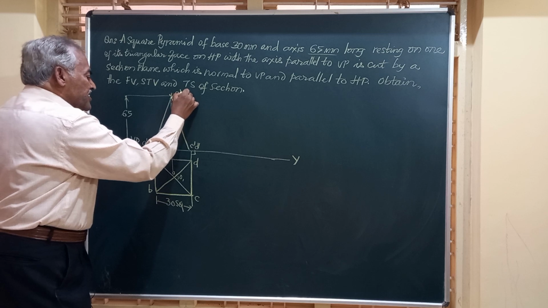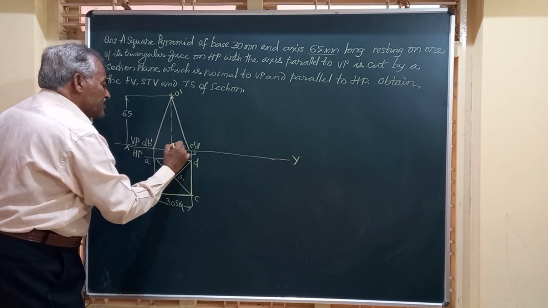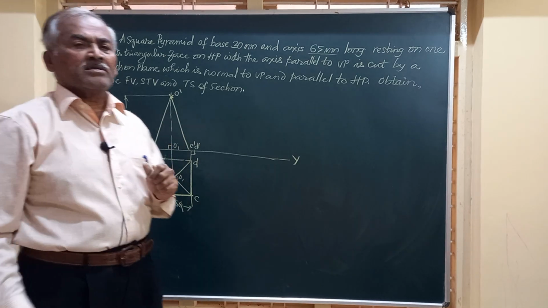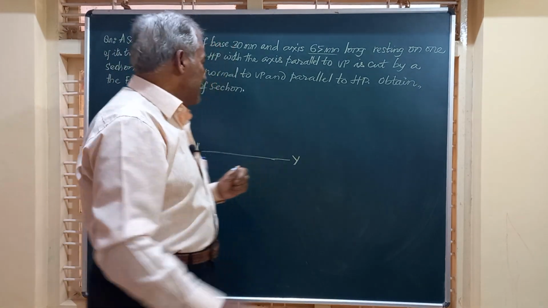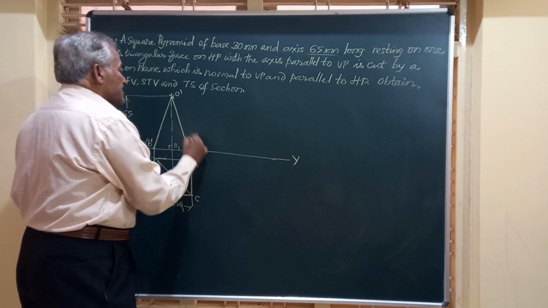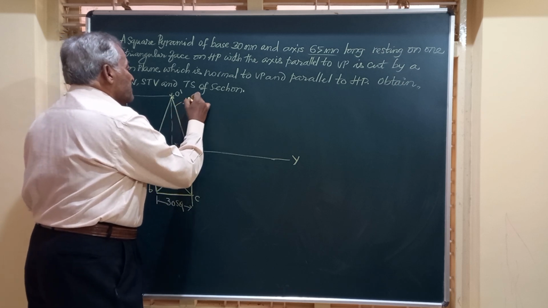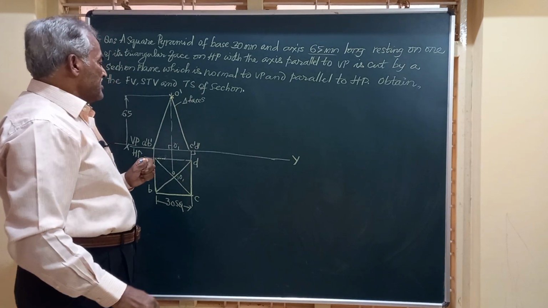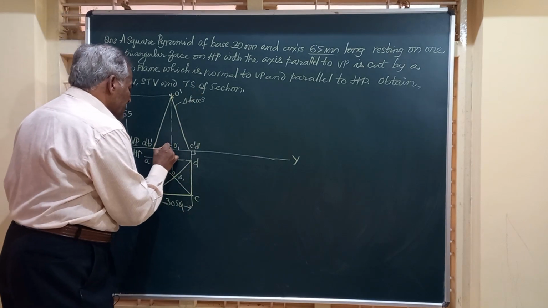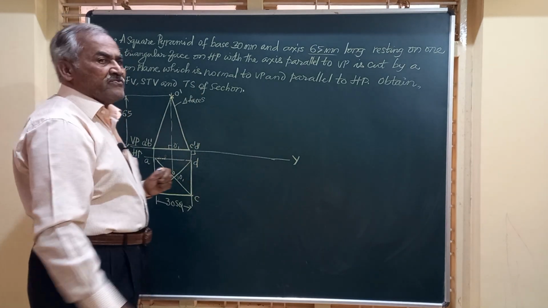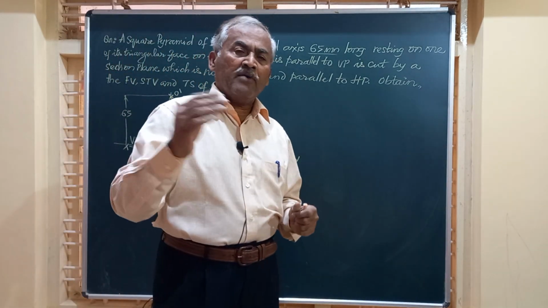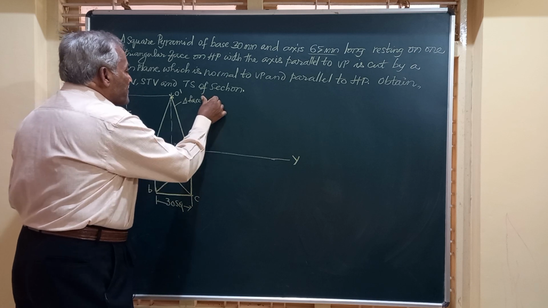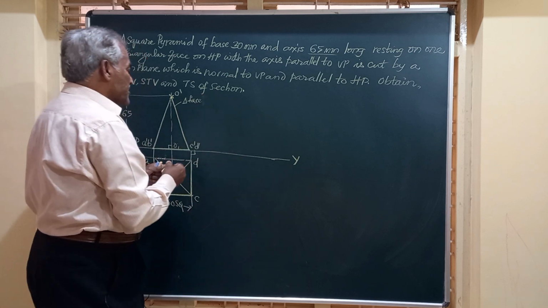Now this is O dash, this is O1 dash. Friends, the last line to the right side of you is one of the triangular faces. So I will say this is one of the triangular faces. Friends, in the question it is given that it is resting on a triangular face. So I have to redraw the front view so that this triangular face is on HP.